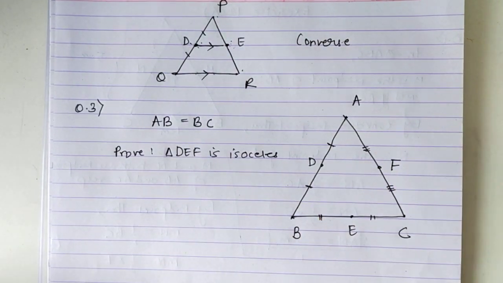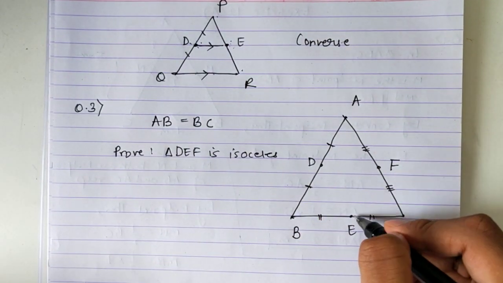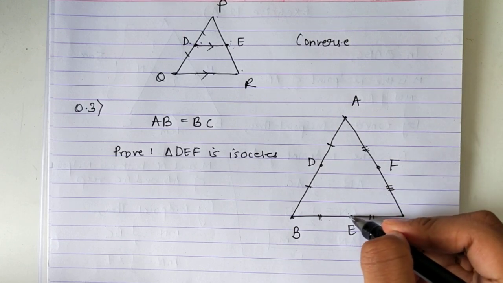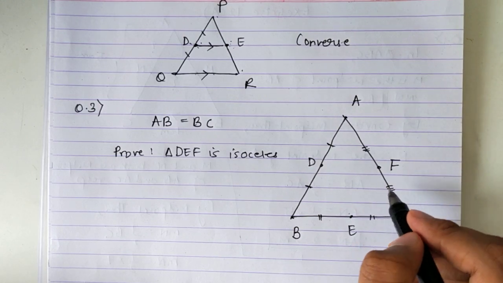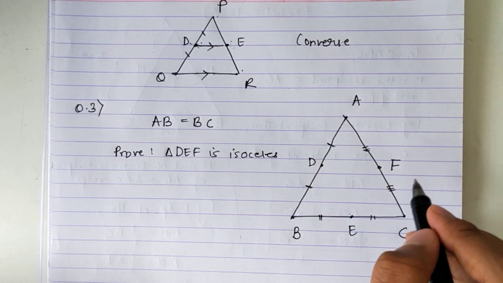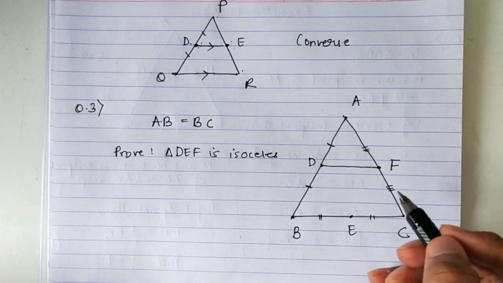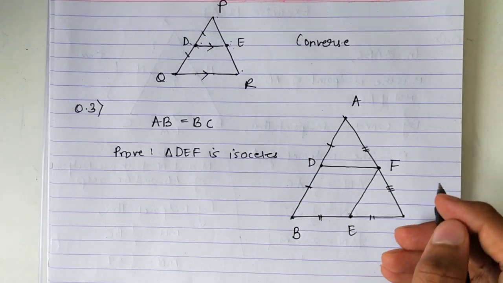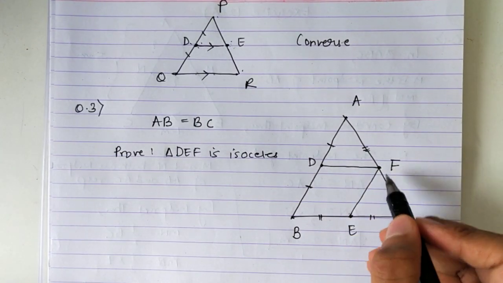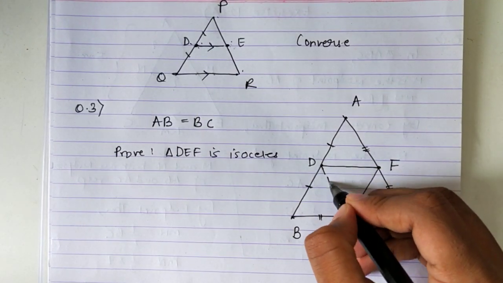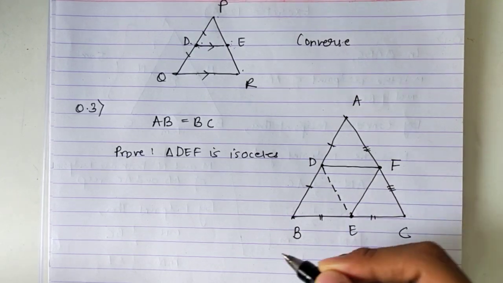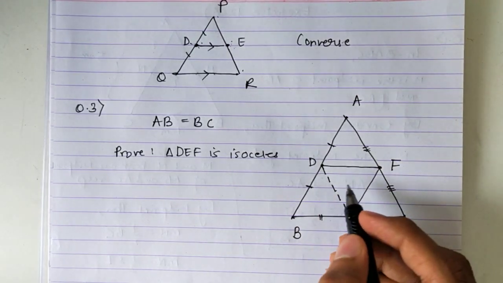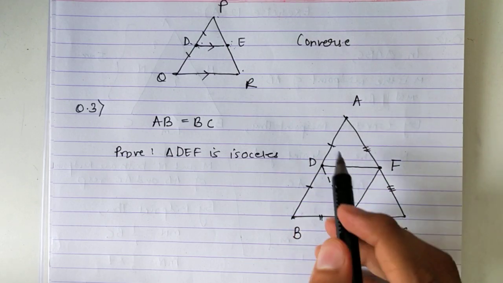I'll join this. I have only joined these 2 lines and I'll keep this as a dotted line. Why I did this you'll come to know. Draw the diagram also.